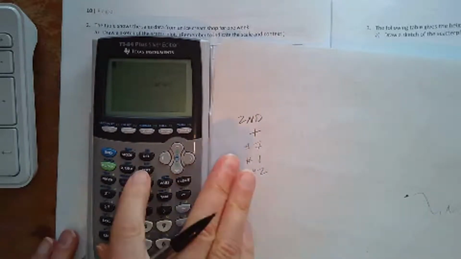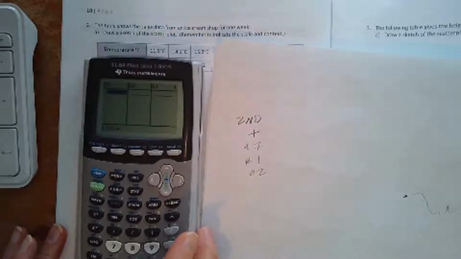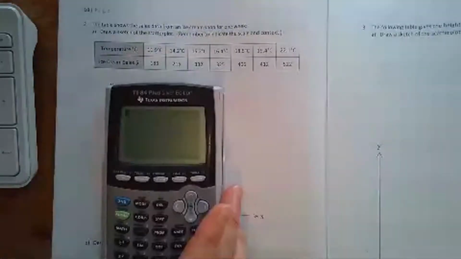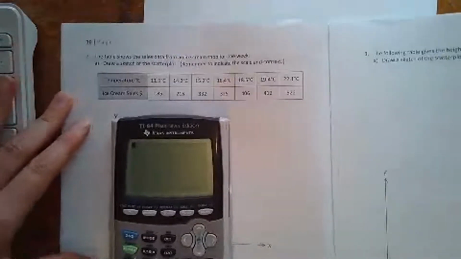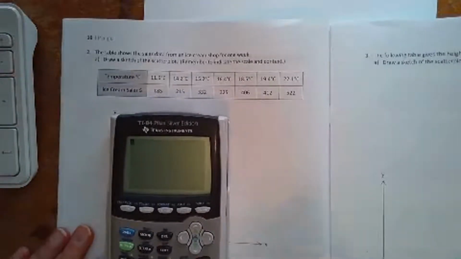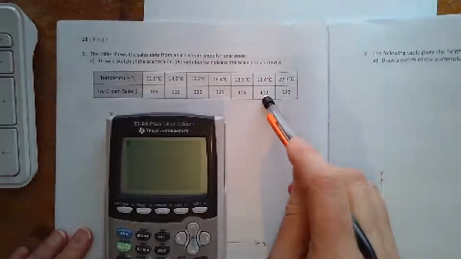And that's going to reset everything. If you look at your stat edit menu again, that resets all your tables. All right, let's try number 2, just with the data table.